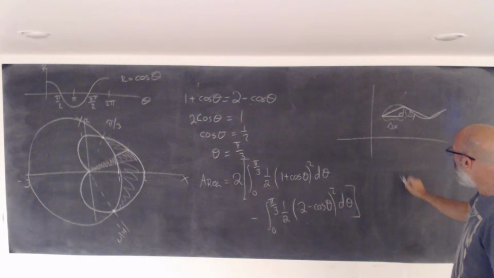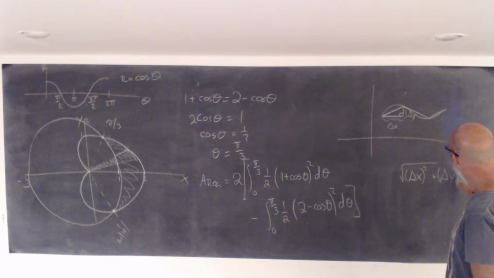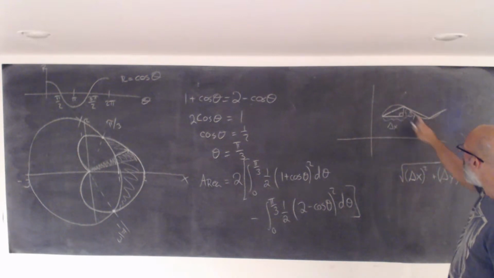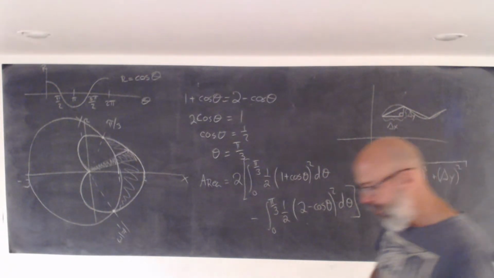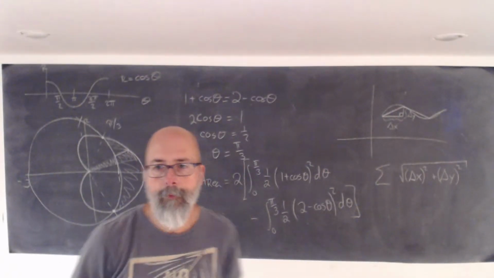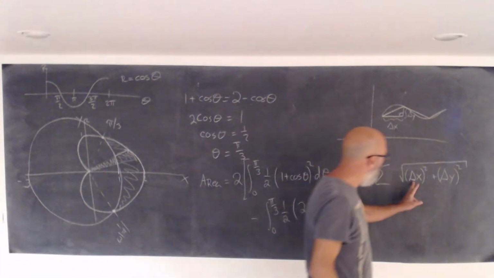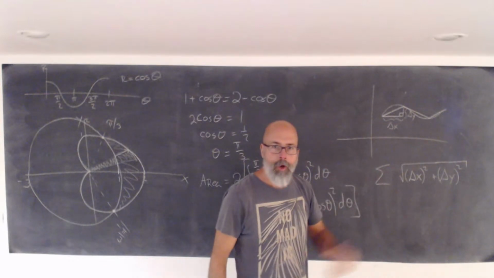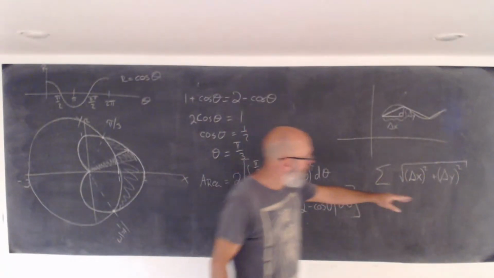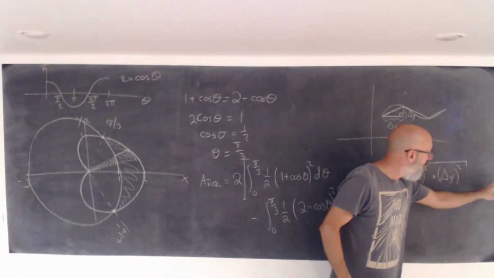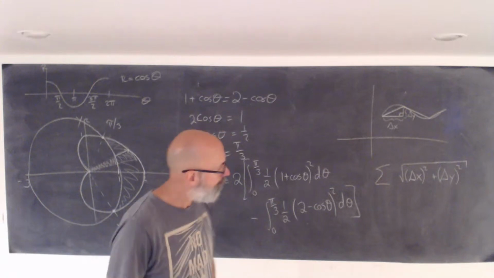So this length here was the hypotenuse of a right angle triangle, and then you added all of these up and you got an approximation to the length of the curve. And you know the trick, right? We either factored out a delta x or factored out a delta y to get a Riemann sum, because as it stands right now, it's not a Riemann sum. We need a delta something, delta x or delta y.